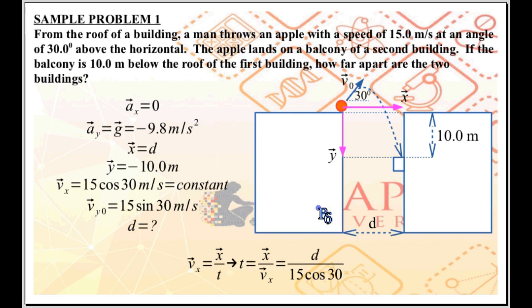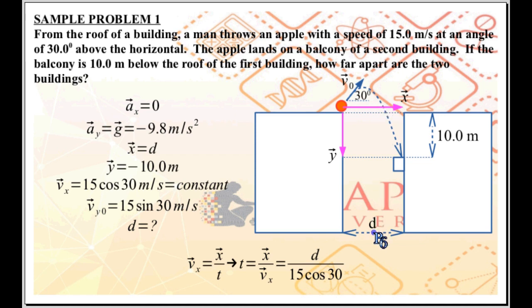D is the distance between the two buildings. The object will move from the building 1 roof to the balcony. In terms of the x component, the displacement is simply x.